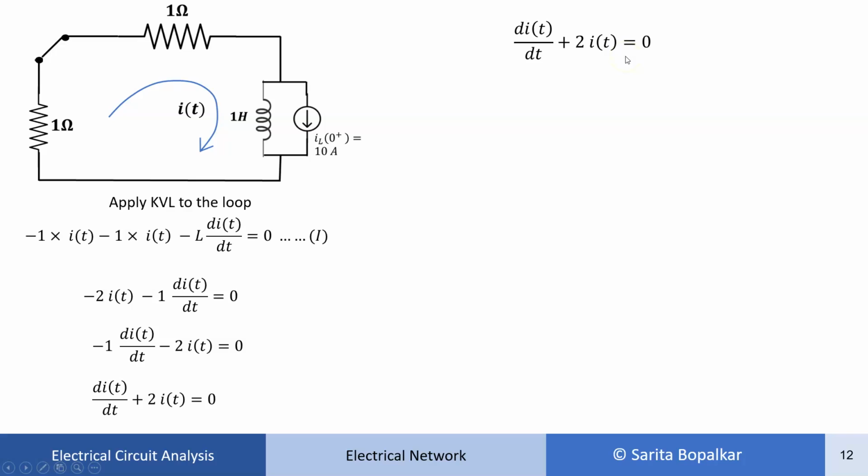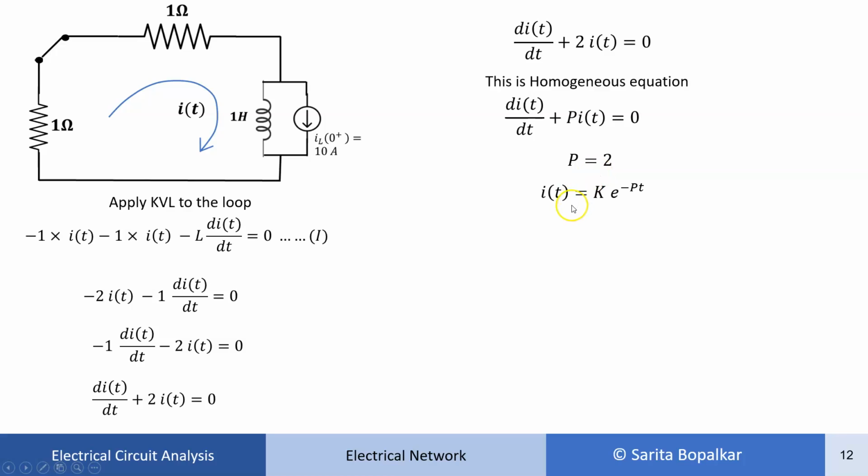At this point, we have to check whether it is homogeneous or non-homogeneous. It is equal to 0, so this is a first order homogeneous equation. We know the solution for the homogeneous equation di/dt plus p i(t) is equal to 0. Comparing with our equation, p is equal to 2, and the solution i(t) is equal to k e raised to minus pt, where p is equal to 2 here.